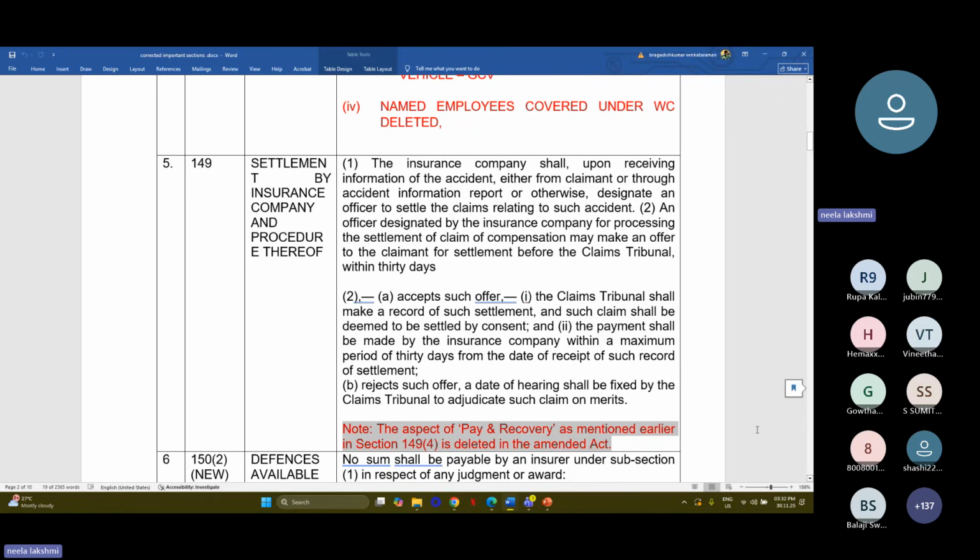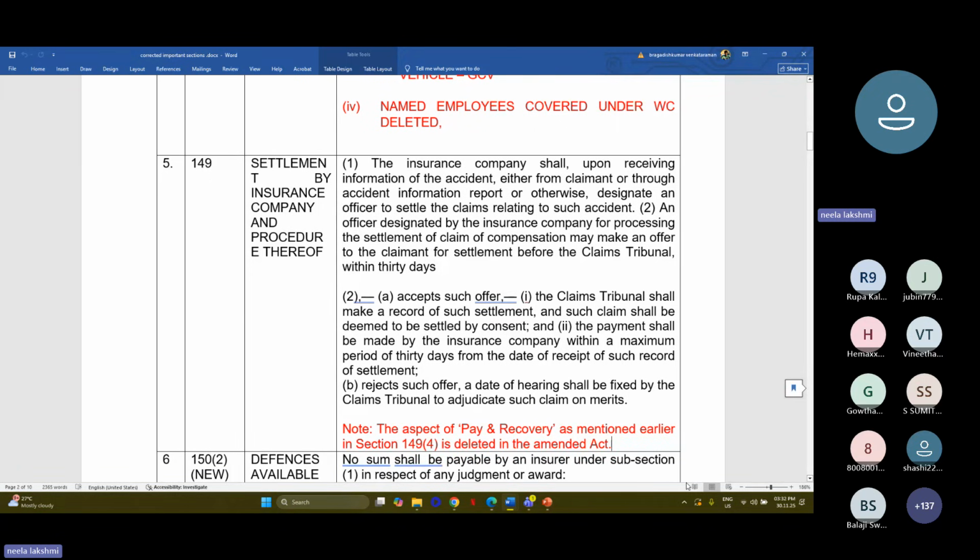As mentioned earlier, in Section 149, subsection 4 is completely deleted in the amended Act. This concept of pay and recover, where pay and recovery orders are generally given, you ought to know about, where there is a violation of policy condition, a breach of policy condition. In that case, the court is inclined to award pay and recovery.